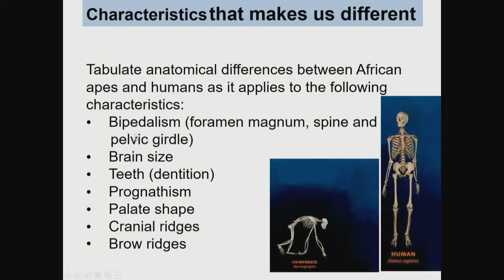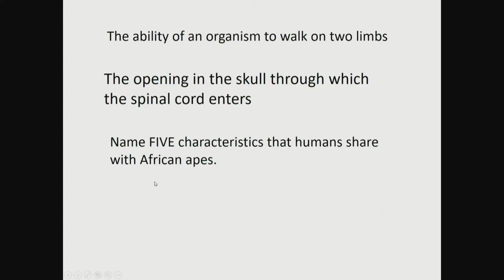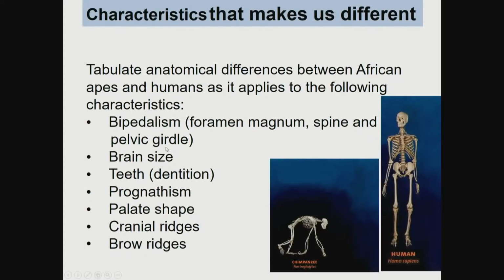So very important in this case, what are the changes for bipedalism and what is the significance of this bipedalism. And then we're going to look at brain size, teeth, prognathism, palate shape, cranial ridges, brow ridges, and also some very important technical points that are important when we do the differences.